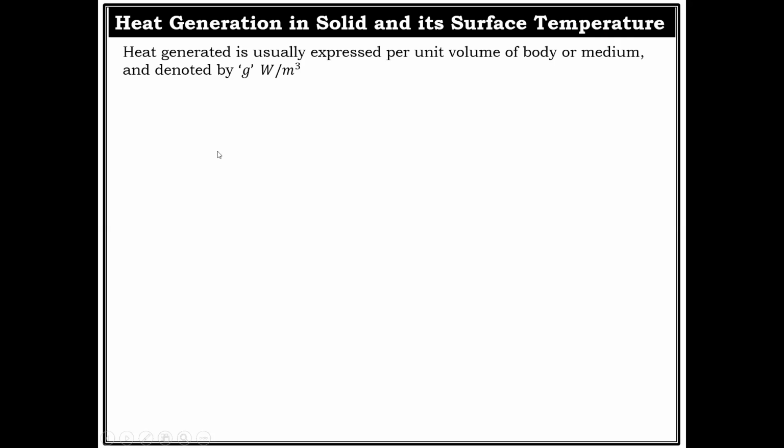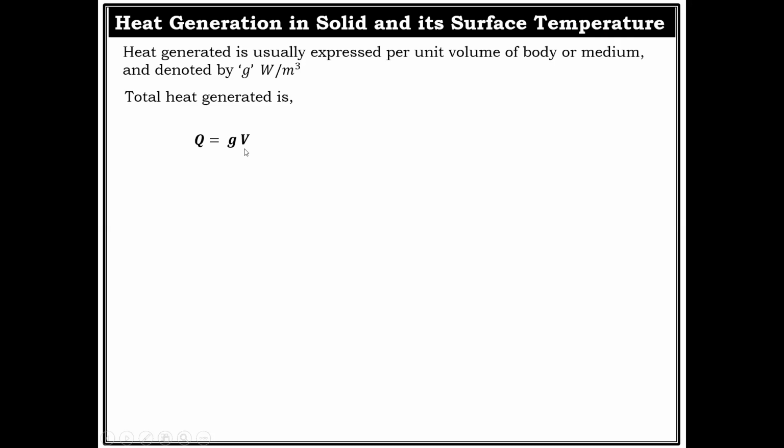So, the generalized equation. Heat generated is usually expressed per unit volume, and that is called the intensity of heat generation. It is denoted by small g, and its unit is watt per meter cube. Now the total heat generated within that solid is capital Q, the total heat generation: intensity multiplied by the total volume of that object.